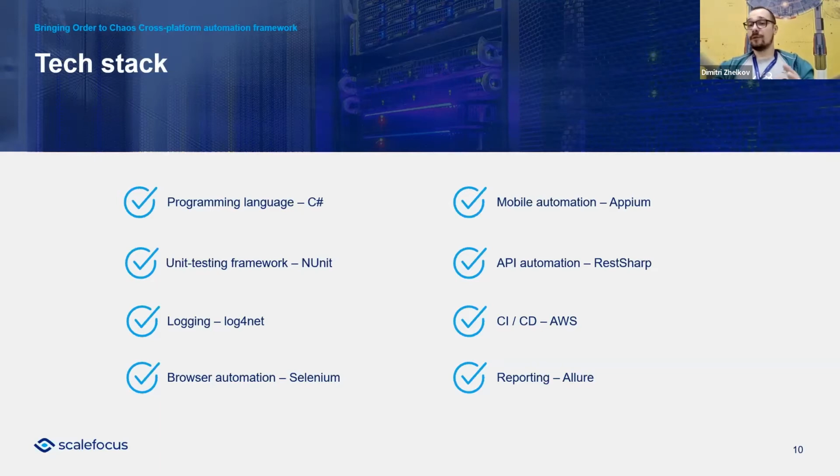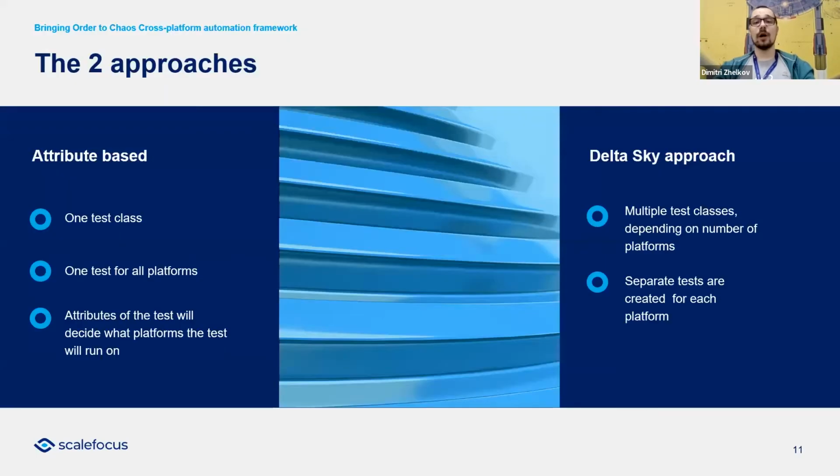For CI/CD, we went with AWS. And for reporting, we went with Aware reports. So we will speak more about those down the line. Okay, so let's see two approaches. What are they and why did we go with those ones? The first one is the attribute-based approach that we first went with, but didn't choose in the end.